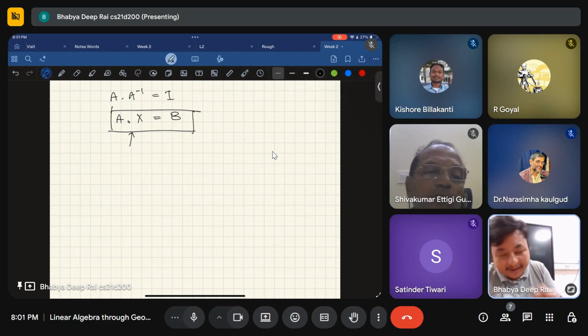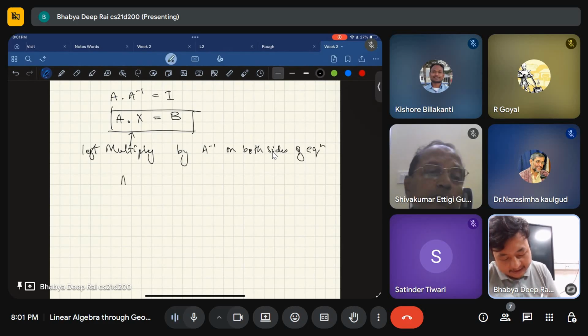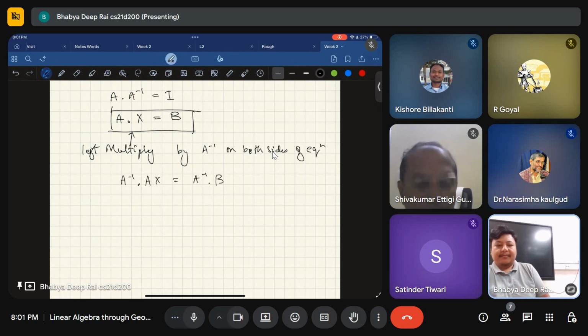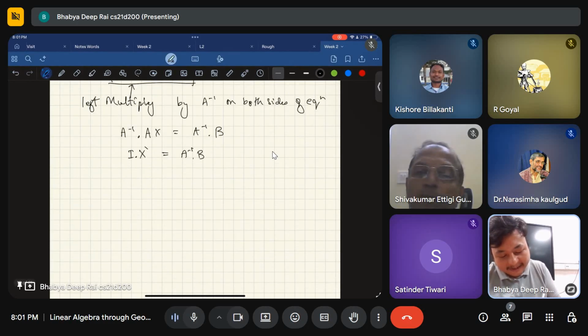Let me multiply by A inverse on both sides of the equation. Let me left multiply. So I get A inverse times AX equals A inverse times B. Now this by principle is identity times X equals A inverse B, and you know that identity multiplied with any matrix is always the matrix itself, so X equals A inverse B.